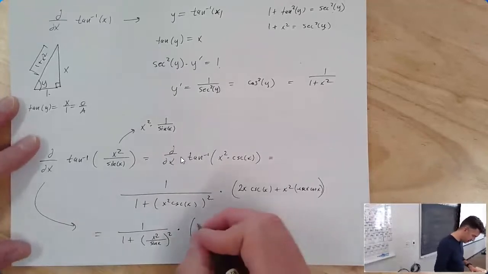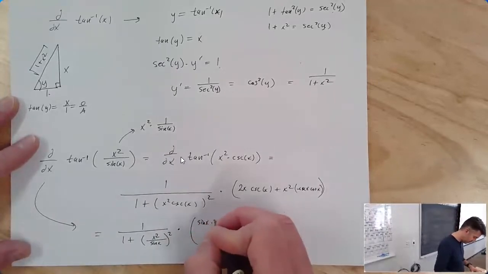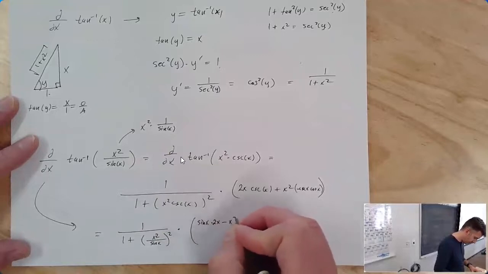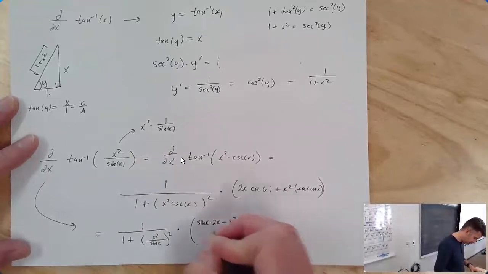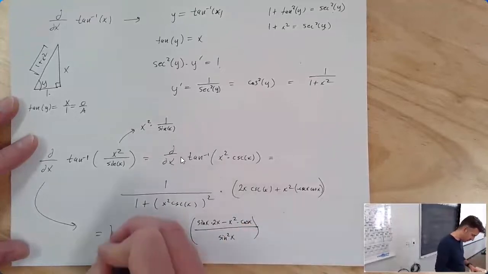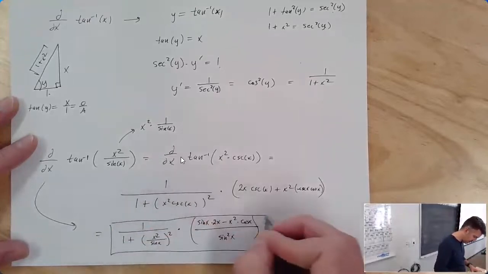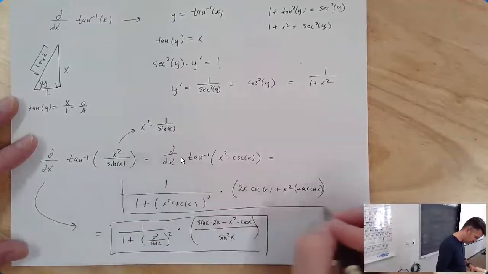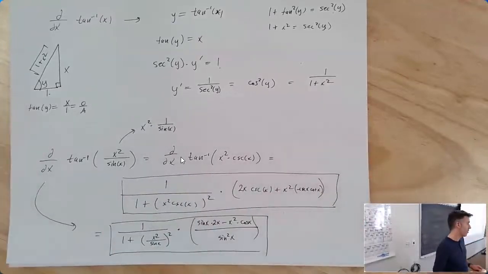That's going to be the bottom times the derivative of the top minus the top times the derivative of the bottom, all over the bottom squared. That would be a perfectly legitimate way of doing it as well. It just feels messier to me. But they're both correct. They're both the same. They're just written differently.